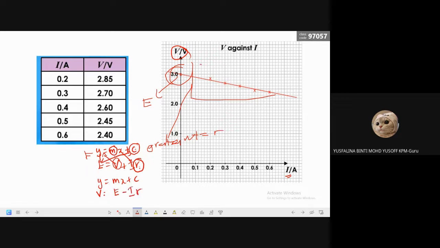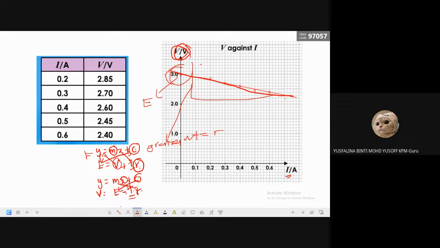So y is your V, and m is negative R, of course, because the graph is decreasing, so the value of the gradient is negative. Your x is your I, and your c is the E.